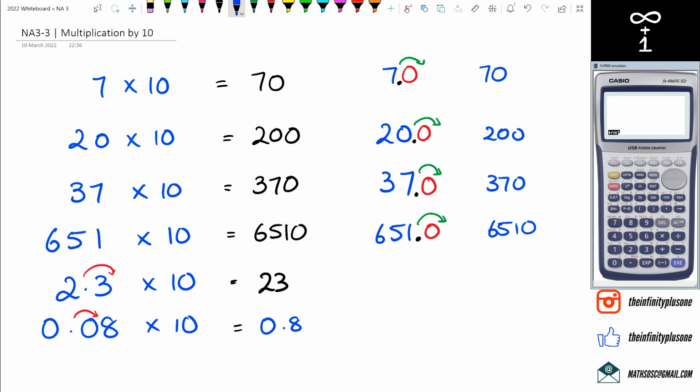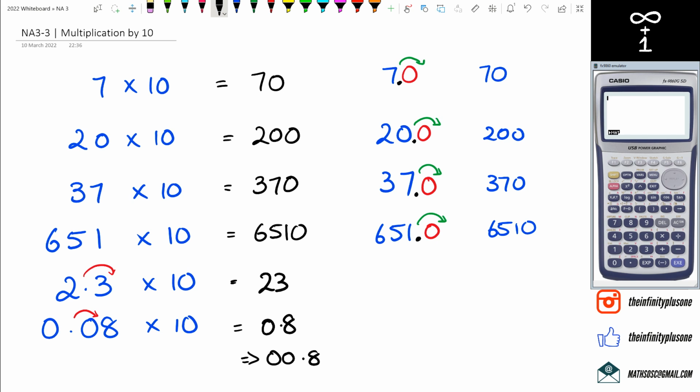0.8. Now I have seen some students do this. They write the 0.8 like that. And there's nothing wrong with it. Sorry, I'm just going to write this in black color there. 0.8, which I've also seen students write as 0.008, like I said.